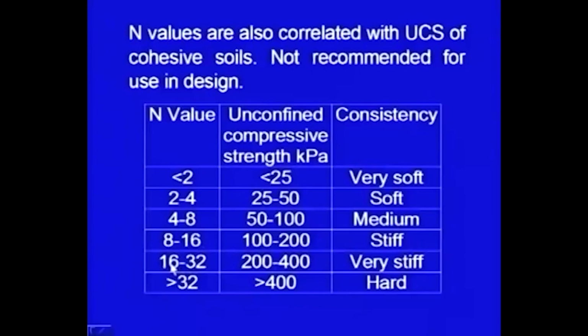If the N value is between 16 and 32, the strength values will be between 200 and 400 kPa, and the consistency will be very stiff. If the N value is more than 32, the unconfined compressive strength may be expected to be higher than 400, and the soil is termed hard. Again, these values should be used for comparison purposes. In general, they should not be used for designing the structures.